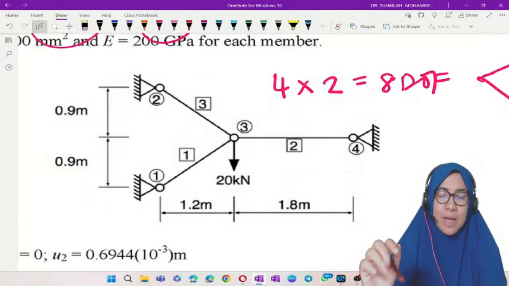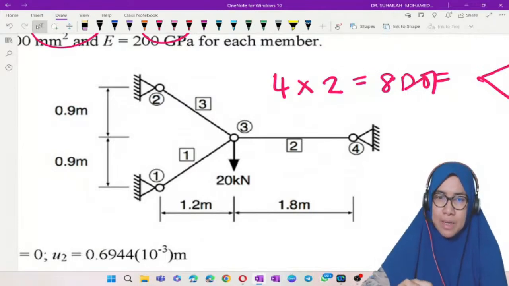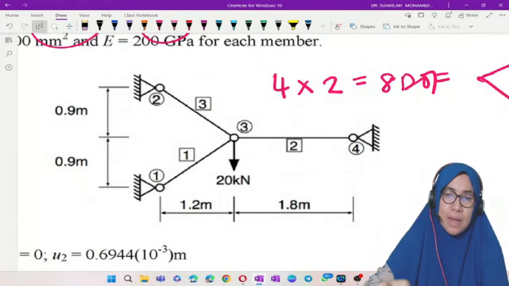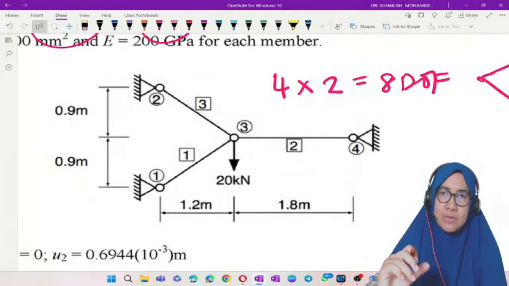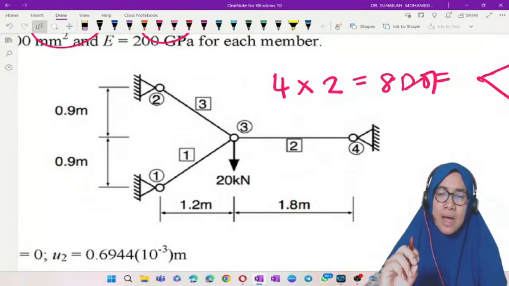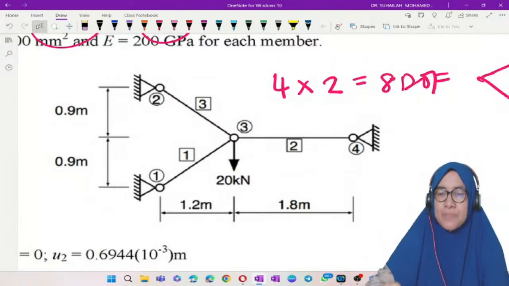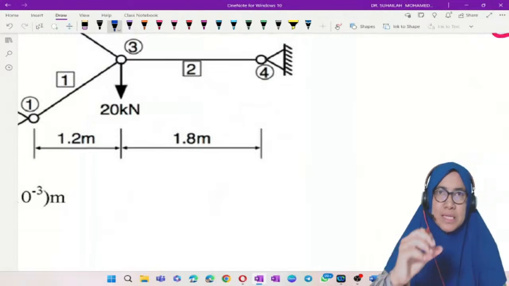Number one, the node number, element number, and then degree of freedom label. And after that, we have to make sure that the truss has an arrow which is parallel with the member, and lastly the coordinate. So these are the five things that we need to make sure are inside the truss.